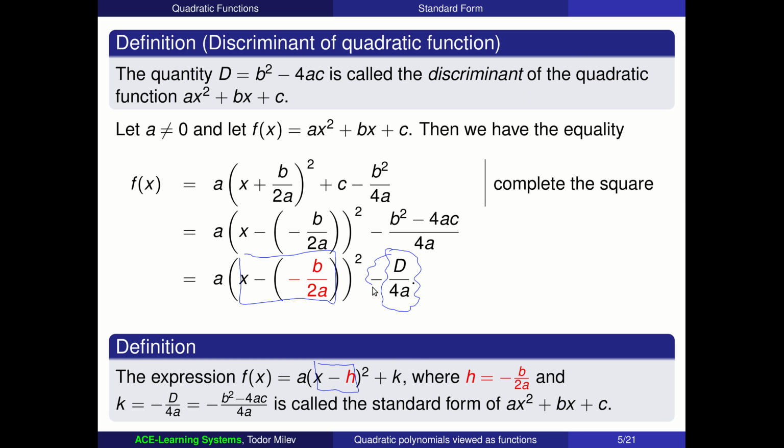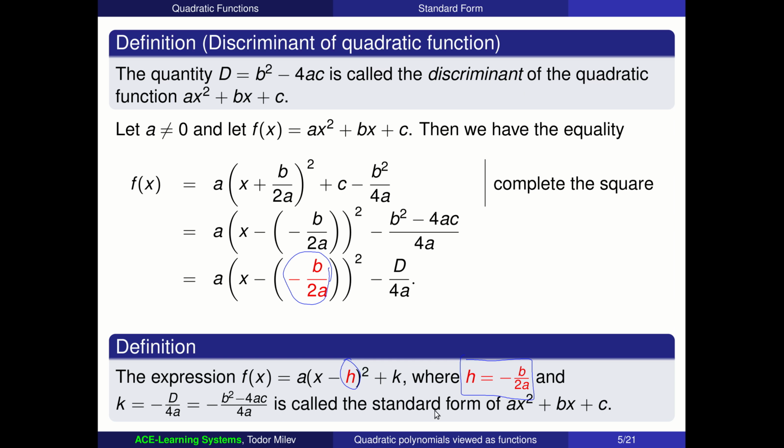Whoops, I said plus, so I should include the minus. So plus another constant. What completing the square means is we're taking a quadratic function and rewriting it as a constant times a square plus another constant. From the process of completing the square, we saw that if the quadratic is in the form a times (x minus h) squared plus k, then h must necessarily be equal to minus b over 2a.